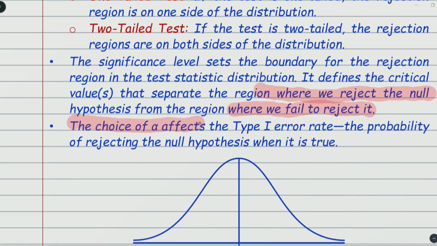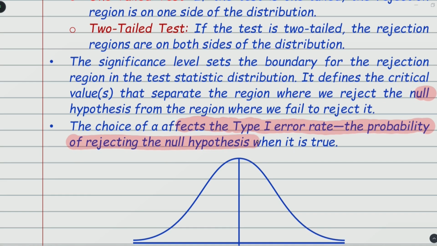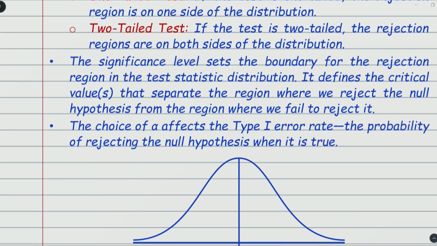The choice of alpha affects the type 1 error rate, that is the probability of rejecting the null hypothesis when it is true. Now, these are very important notes, and you will develop the real understanding of these notes when we go deeper into significance testing in the overall context of hypothesis testing.